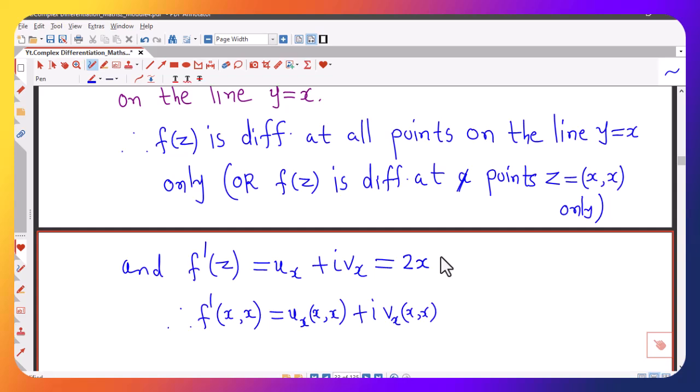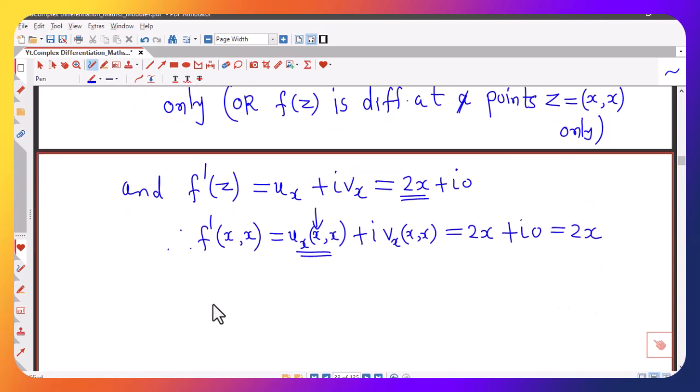So this is 2x plus i into 0. So del u by del x at (x, x), this is at an arbitrary point z, is also 2x, and del v by del x is also 0. So we obtain the derivative equal to 2x. So f dash z equals 2x, and here z is this type of point because the function is differentiable at these points only.